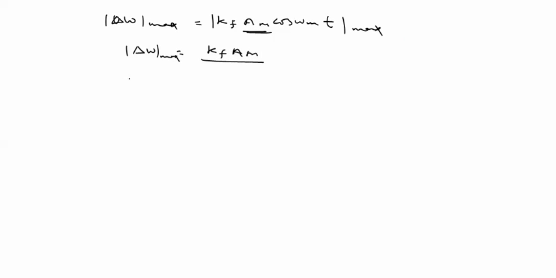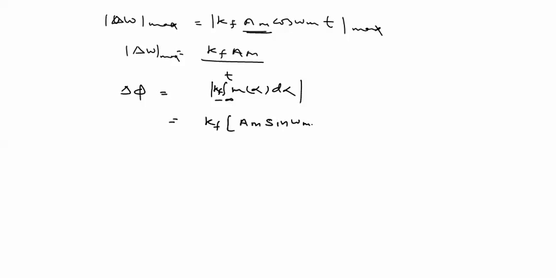Now the maximum phase deviation. The formula for maximum phase deviation is kf times the integral from minus infinity to t of m alpha d alpha. The value of the integration is am sin omega mt upon omega m.